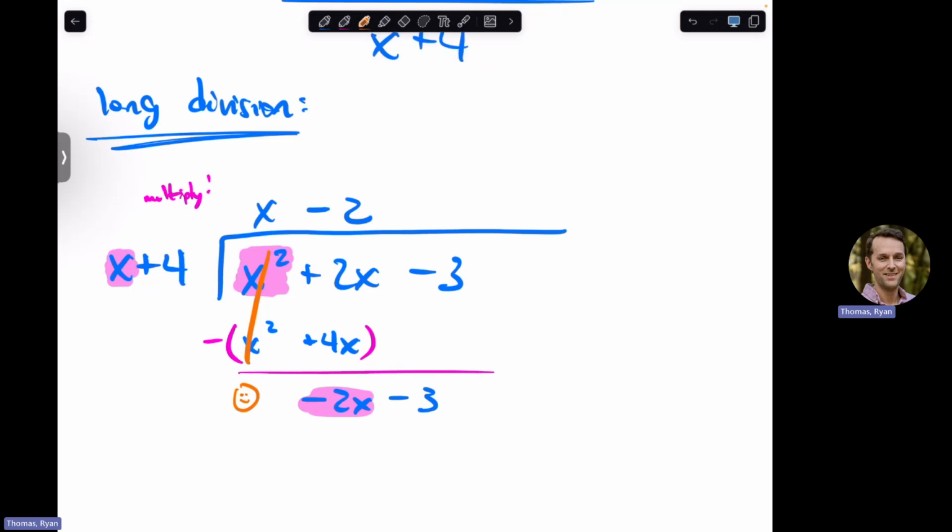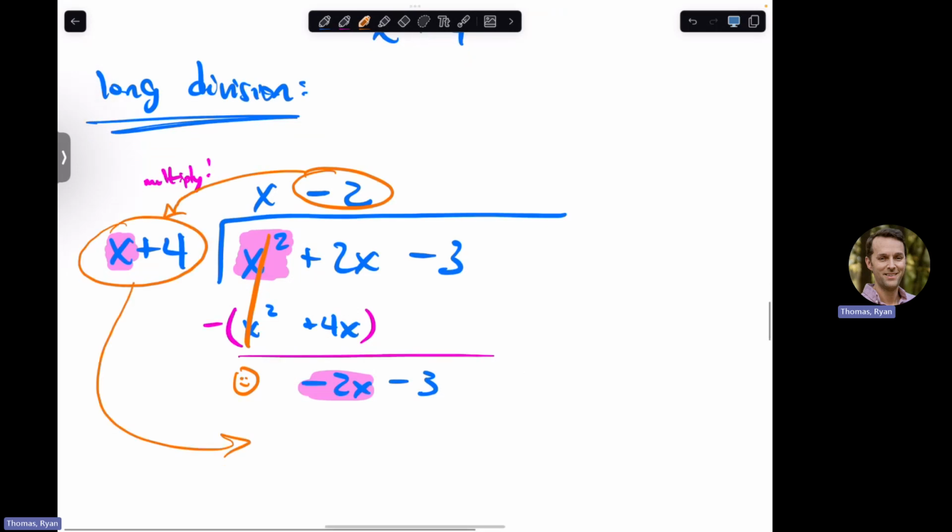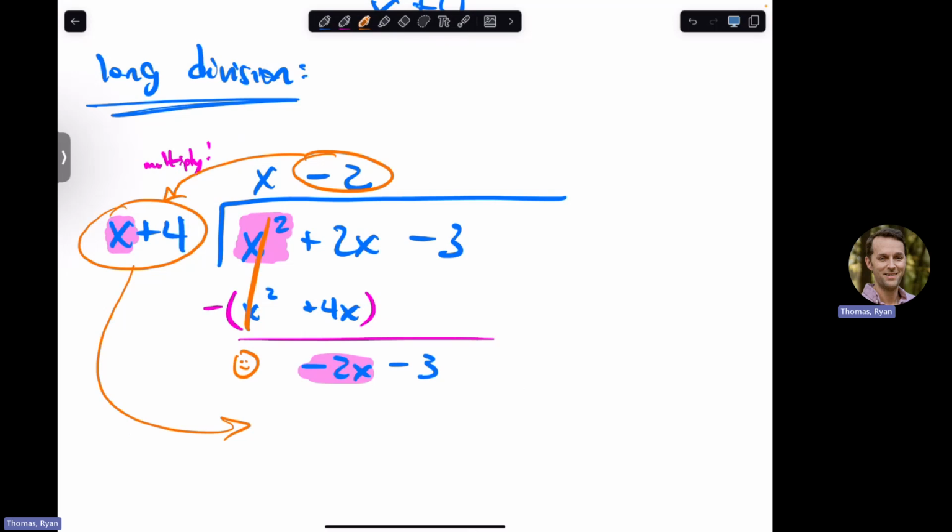Maybe switch colors for the next step. So negative 2 times this. Negative 2 times X plus 4, what do you get? Negative 2X minus 8.